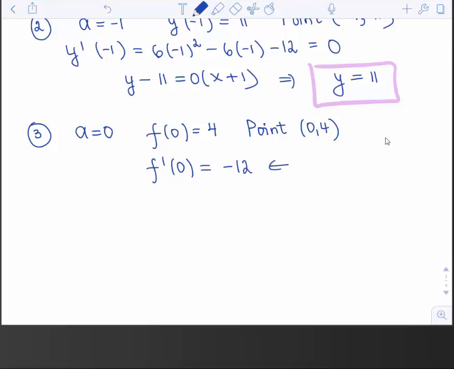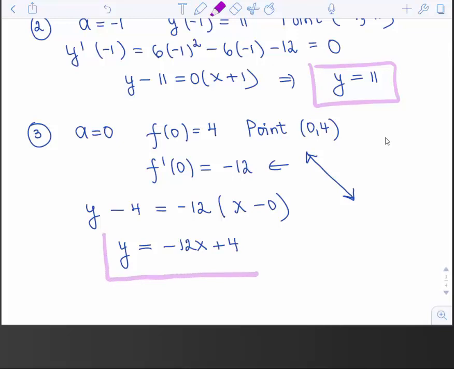Negative slope, this tells me that the line will be going down like this, right? Putting everything together, y minus 4 is equal to -12 times x minus 0. This simplifies to y is equal to -12x plus 4.